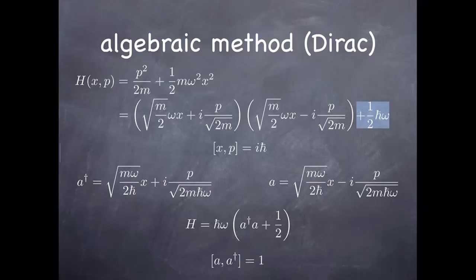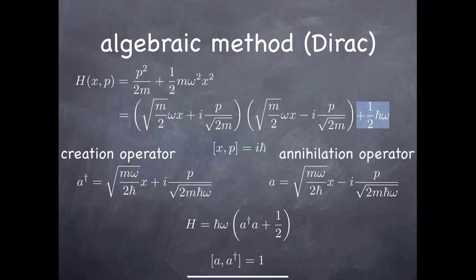You call this a dagger the creation operator. You call this a the annihilation operator. I know some books call them by different names, raising operator and lowering operator, but in most books I'm aware of, they are called creation operator and annihilation operator. So that's something you have seen, I believe, in quantum mechanics class.